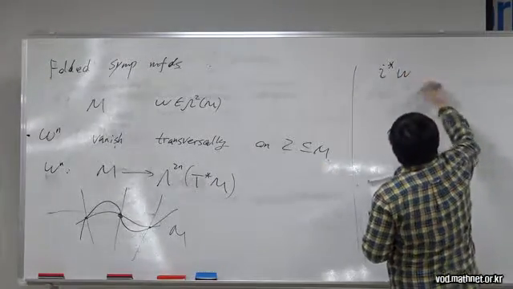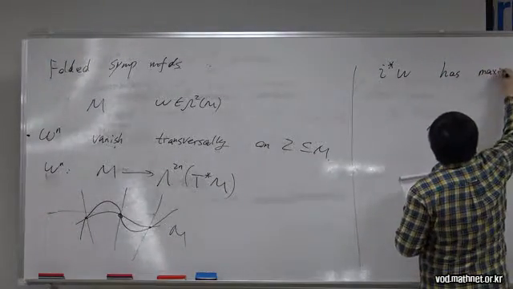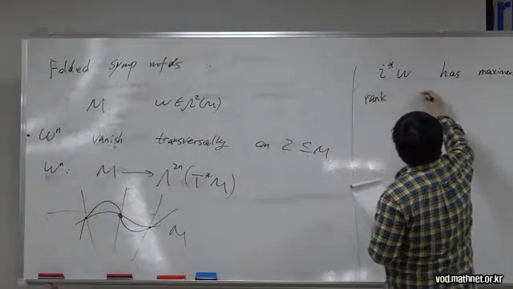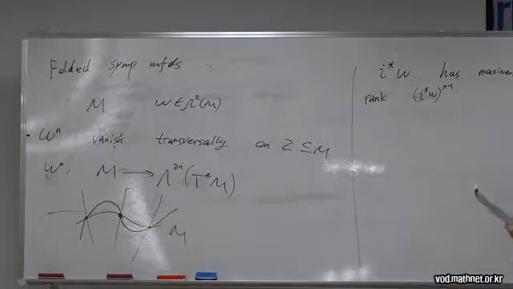We require that the pullback has maximal rank, that is, i star omega to the n minus 1 does not vanish.